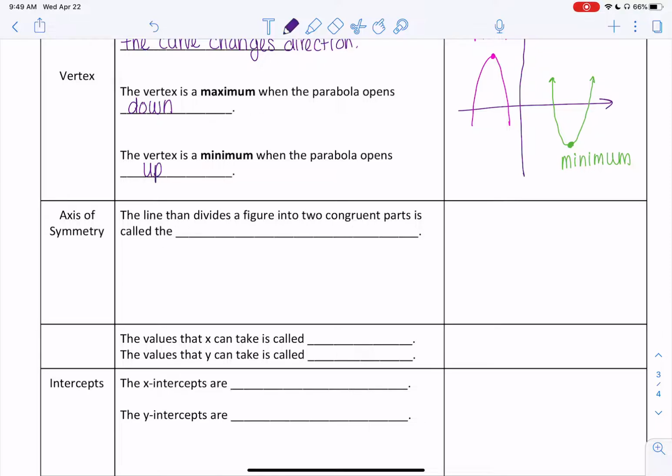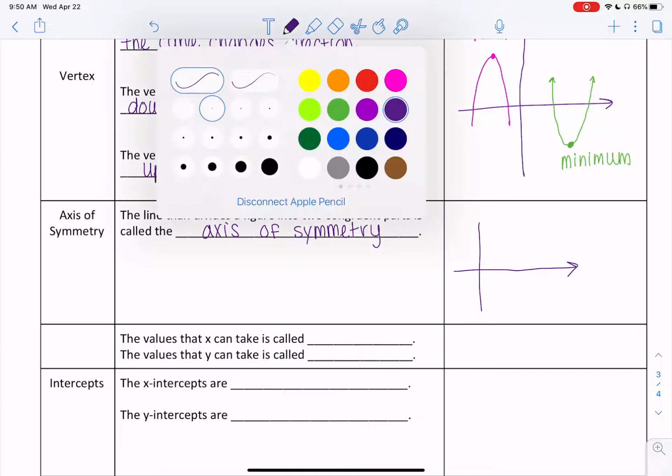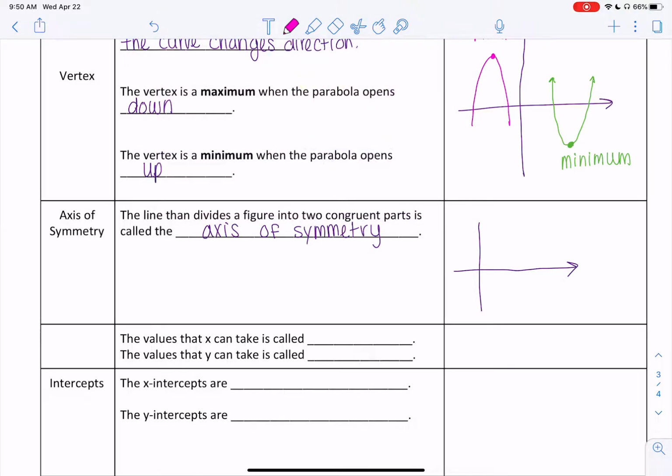And basically what the axis of symmetry does is it splits it right in half. So if I have a parabola that looks like this, the line that splits it right in half is going to be my axis of symmetry.